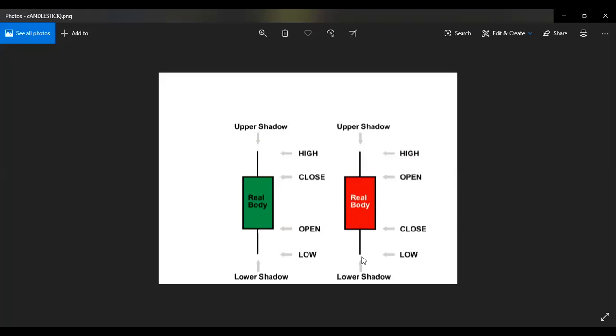Price went as low as this level and then as high as this level. So let me put some numbers to it. For the bullish candle, let's assume price opened at 6,000, and during the trading session it went to 10,000. It closed at 10,000 before the market closed.